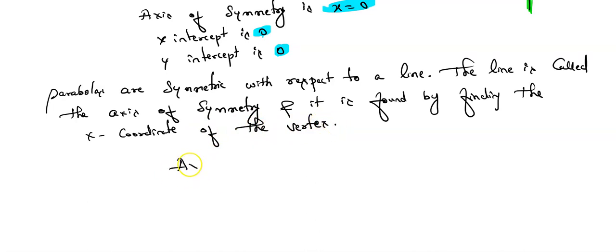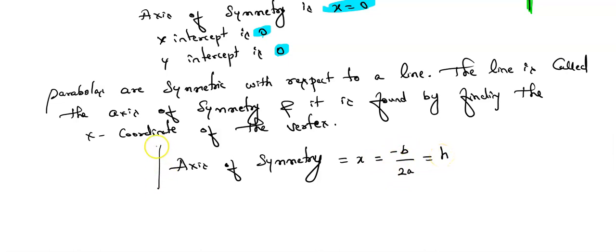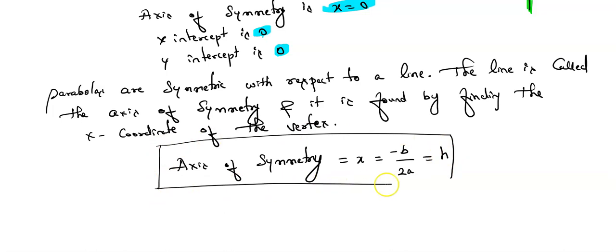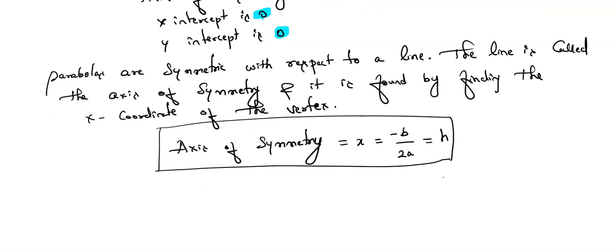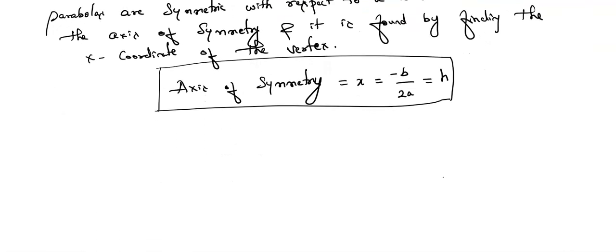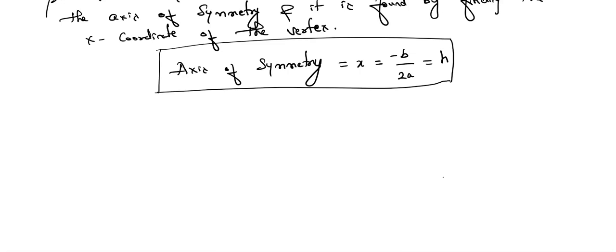In case you want to find the axis of symmetry, that is x, we have the formula minus b by 2a, that is equal to h. This is the formula which we use to find the axis of symmetry. It is represented by h. So the axis of symmetry, x equals minus b by 2a, is equal to h.